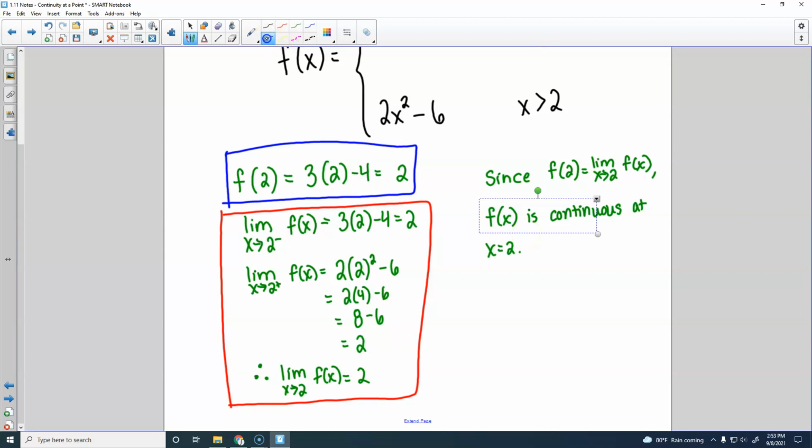So that is the third piece. You've got to have all 3 of those pieces for the answer to be correct.